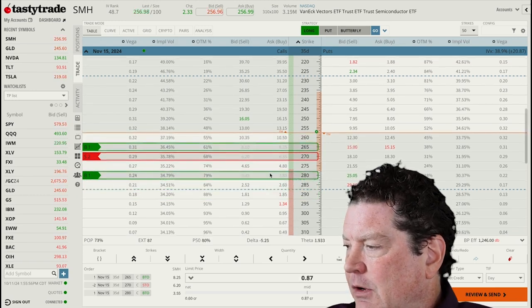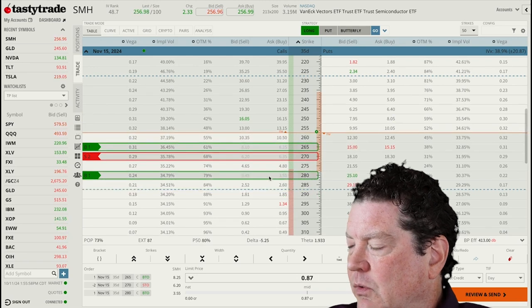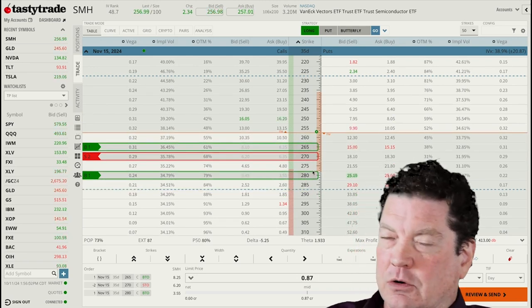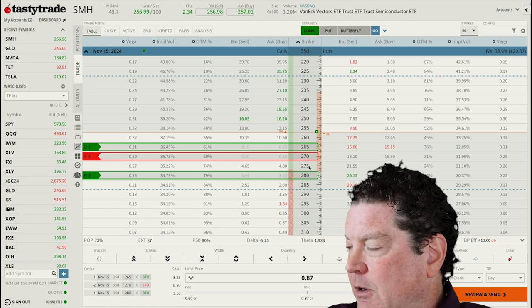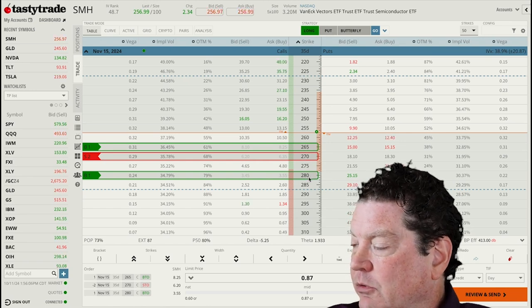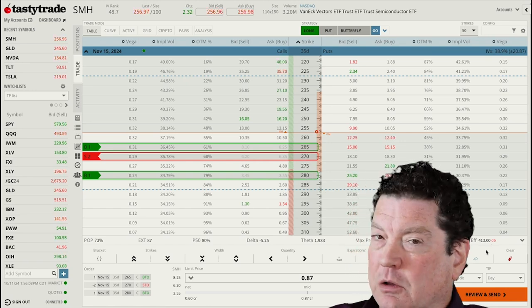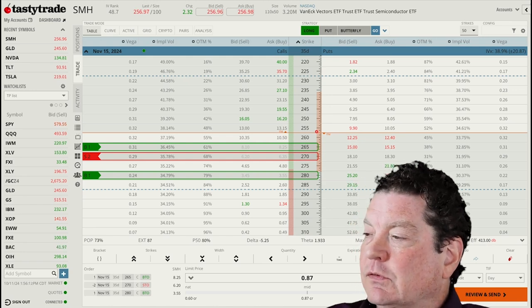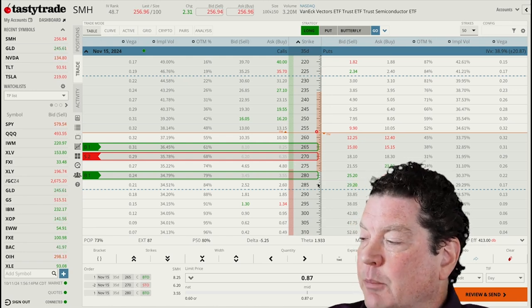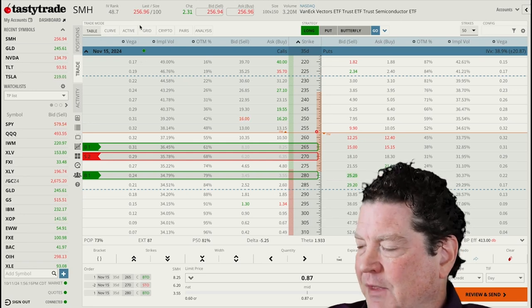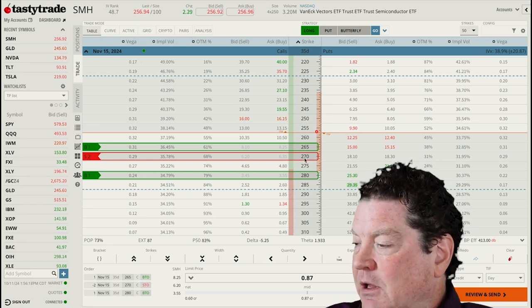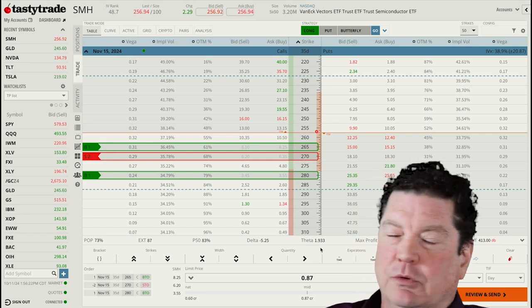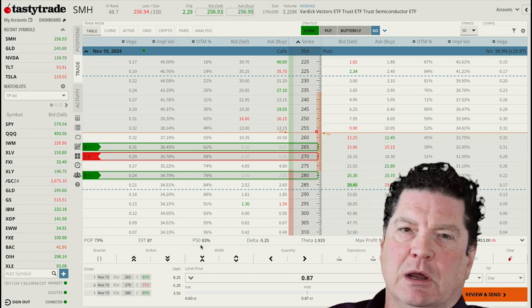So this 265, 270, 280, I am short a 275, 280 call spread. That's what gives it a margin requirement of about $413. Max loss is much smaller, $413. If you get a huge rally up, again, this is assuming SMH is going to rally up to 270 and not much higher. That's what this trade is about. But again, theta is 1.93. You have an 83% chance of making 50% of its max profit.